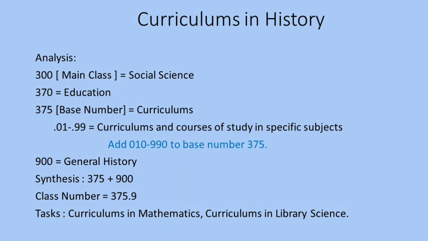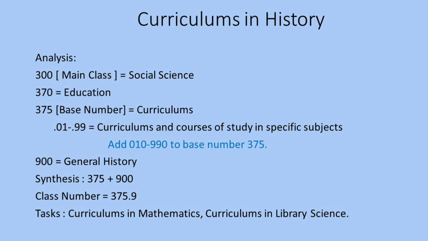So I have added the notation of history. The 900 is the notation for the general history, okay. The synthesis will be 375 plus 900 and the class number will be 375.9.